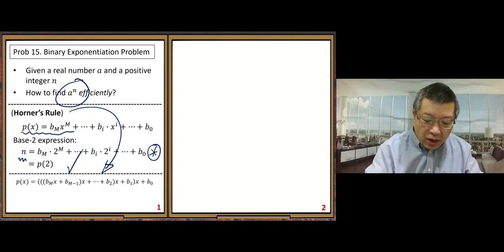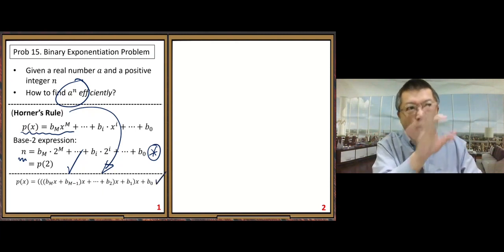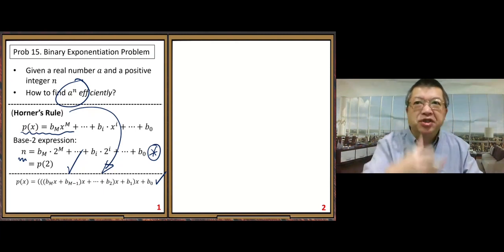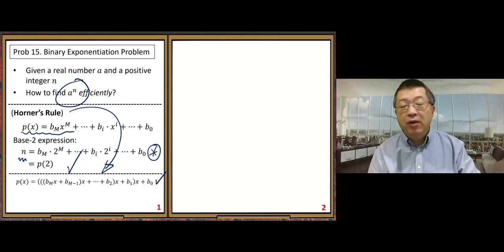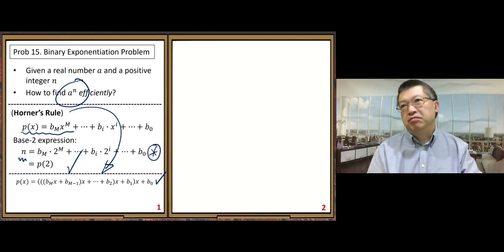First, this is the Horner's rule way, a special way to do the multiplication. We're familiar with this. In this way, we can get extremely fast evaluation.